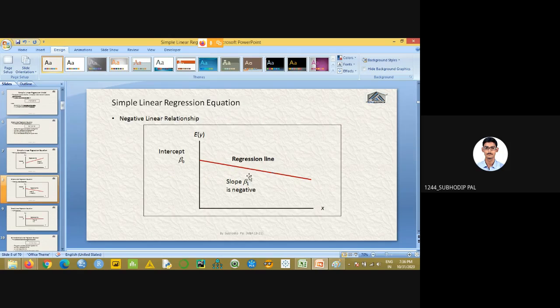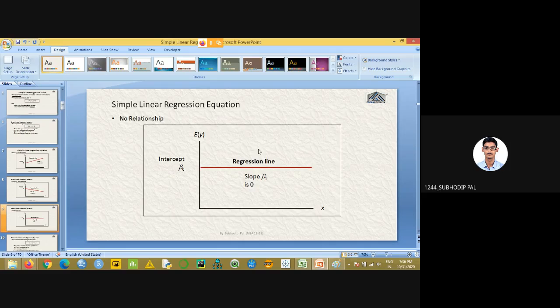See this? The slope of beta 1 is negative here. That is why the trend line is downward. Correct. And here beta 1 slope is 0.